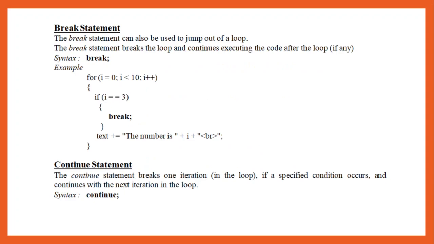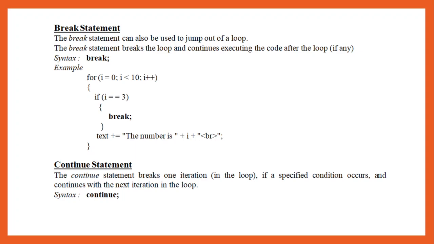Break and continue statements. We can skip a part of the code, or else we may continue with the same block of statements. Then we use the break and continue statements. Break jumps out of the loop. If we say break, then it will break that flow of control and jump out of the loop.